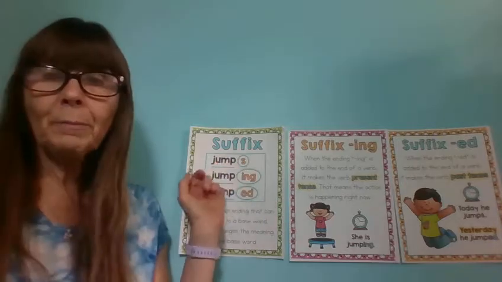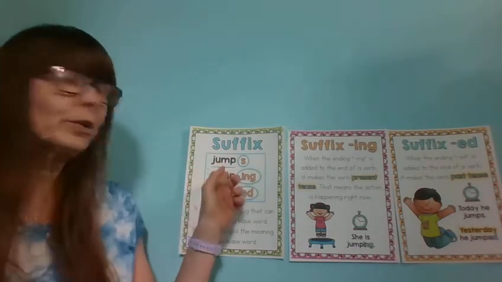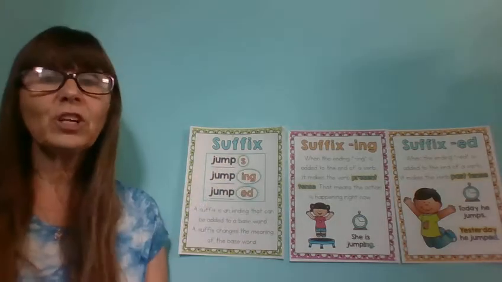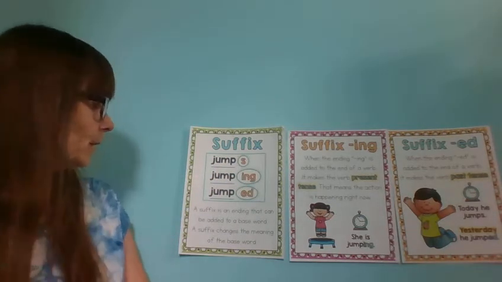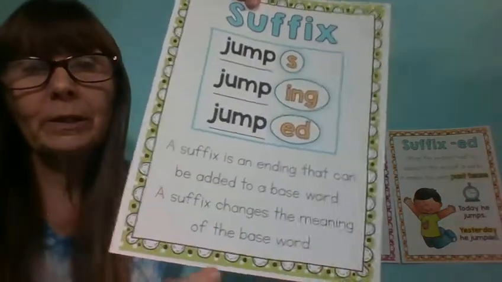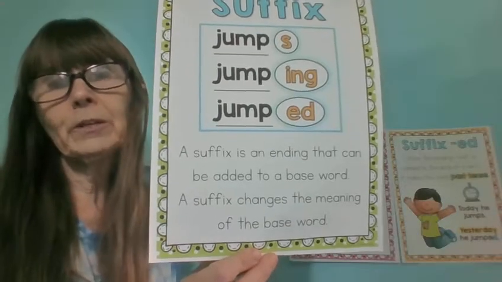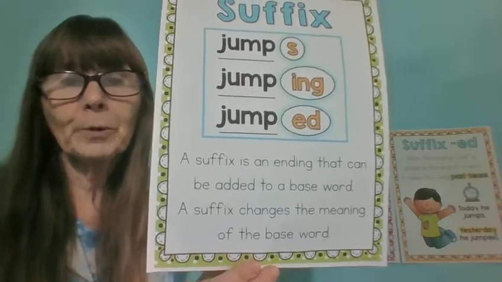So just to remember, a suffix is an ending that you put on a word that slightly changes the meaning of it. Okay, so I'm going to move this a little bit closer to you so you can see it more clearly. We have these three suffixes, and there's actually more than these, but these are all that we're learning at this point.